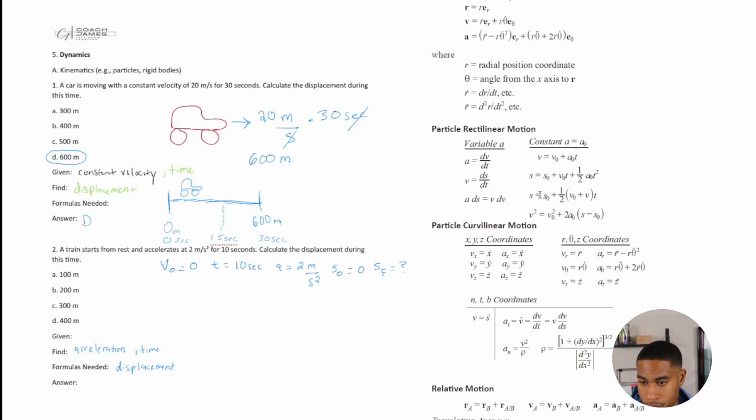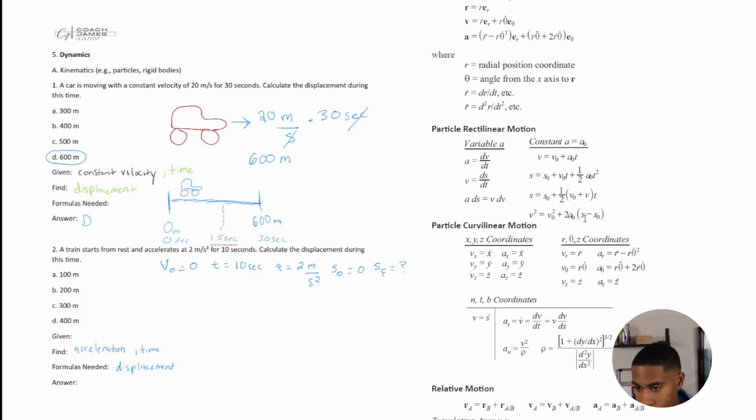I want to go through one more. Let's just look at this one, right? So V final squared, right? Do we have V final? No. Are we trying to search for V final? No. Do we have V initial? Yes. Do we have A0 or acceleration? Yes.